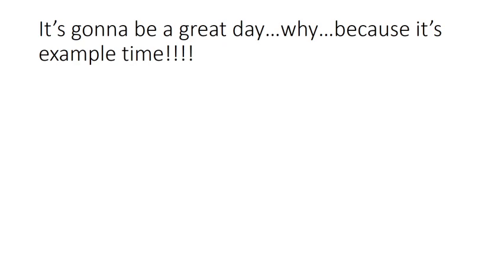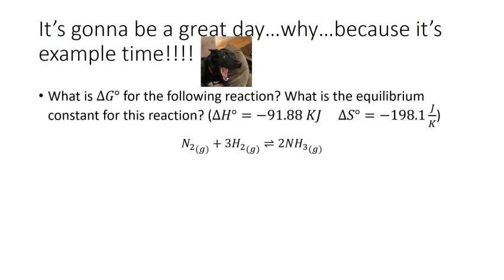Now, of course, we couldn't end this video without one more example. I'm sure you're all super excited. So the question is going to be, what is delta G under standard conditions for the following reaction? And what is the equilibrium constant for this reaction? And so again, we're going to be taking a look at the formation of ammonia.